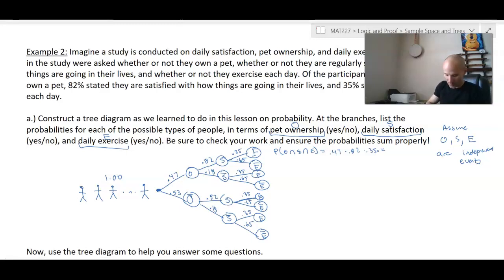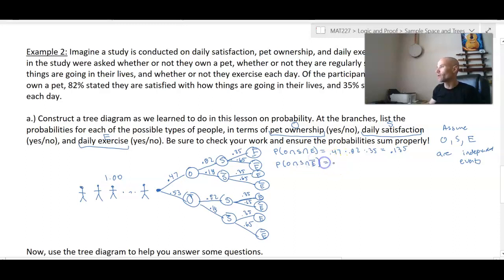So let's multiply these together. 0.47 times 0.82 times 0.35 comes out to, we'll just go to 3 decimal places here, 0.135, just so nothing weird happens. And now we can do the same thing here. I'm not going to write all of these out, but we could say O intersect S intersect E bar. Let me just write this last one out.